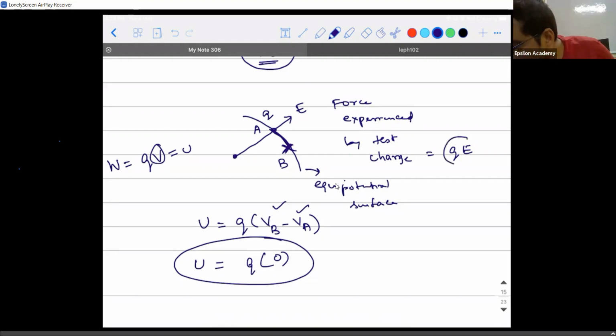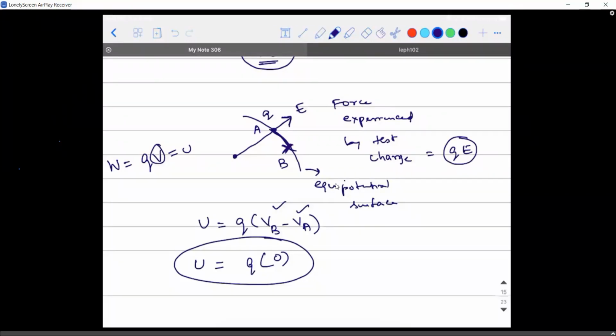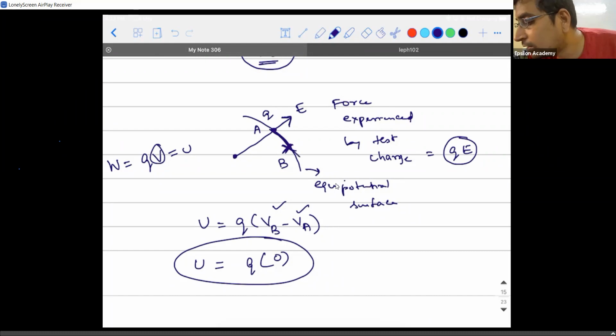If the force is QE, when the electric field is perpendicular to the equipotential surface, can I say that the force is also perpendicular to the equipotential surface? Yes or no? Yes. Right. So displacement is in the tangential direction, force is in the perpendicular direction.